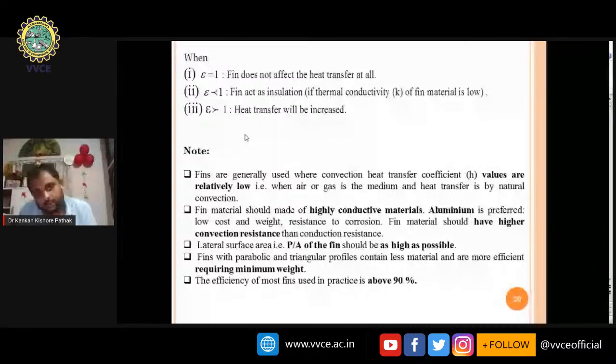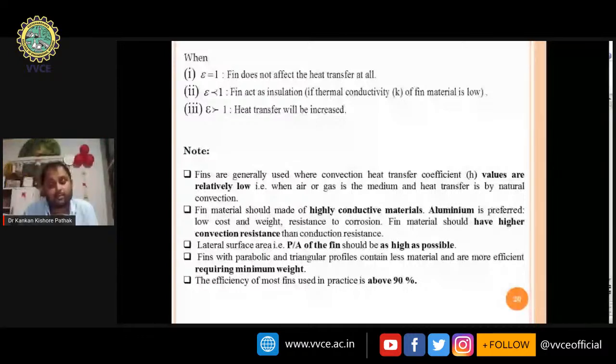Okay, so for the note, we can consider that fins are generally used where the heat transfer coefficient values are relatively low. That I have already told. Suppose in the case of an IC engine, if you are using extended surfaces, we have to add the fins on the sides where the heat transfer coefficient is low.